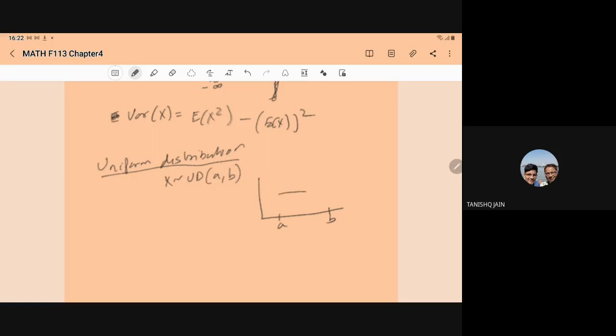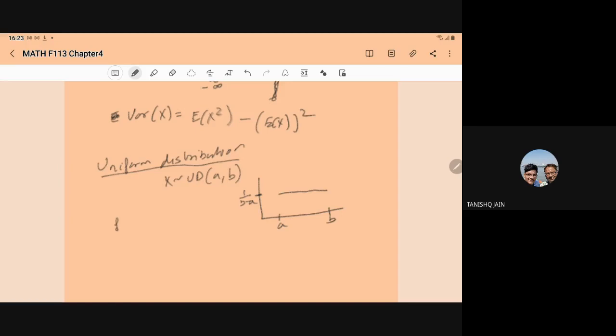So this is the uniform probability, right? In the interval a to b, for all possible values of x, we have the same f(x). And what is the same f(x)? That is 1 upon b minus a.